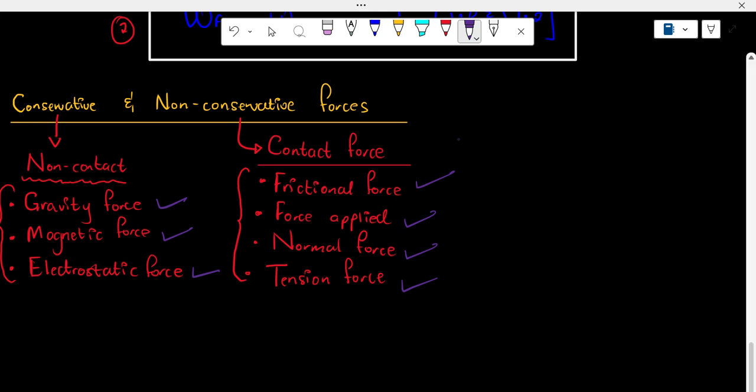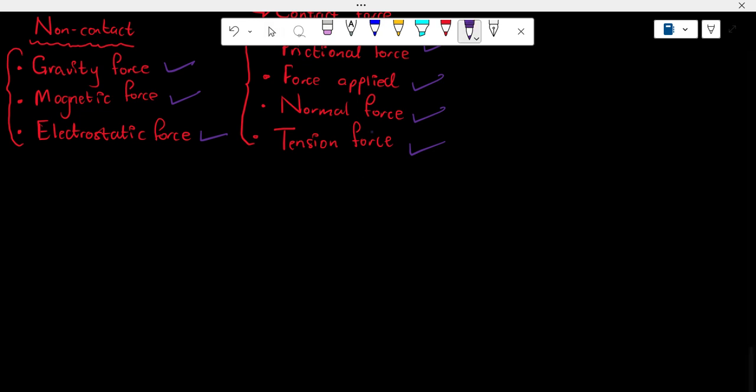Right, and there is a certain equation that you use to calculate work done by a certain non-conservative force. Remember, we're looking at work, energy, and power, guys. So we're going to talk about work done by a certain force. Each force does a different kind of work on an object, right?